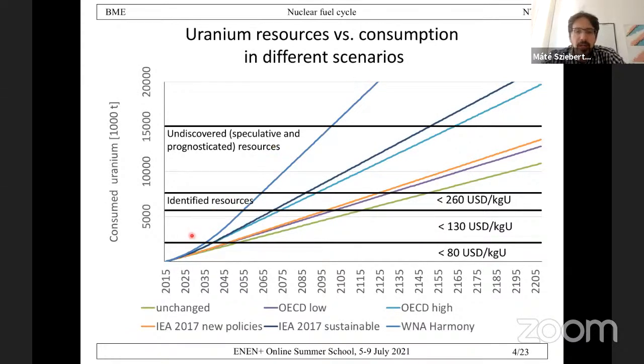But if we consider a case, which is the World Nuclear Association suggestion, where we rely very much on nuclear power in meeting the climate goals, then these resources can run out much sooner. So maybe it's worth looking into options for how to increase the efficiency of the use of these resources.